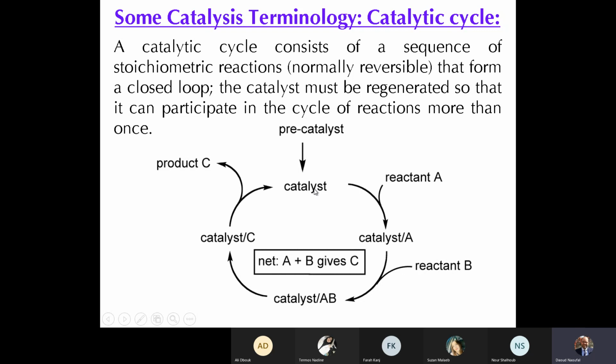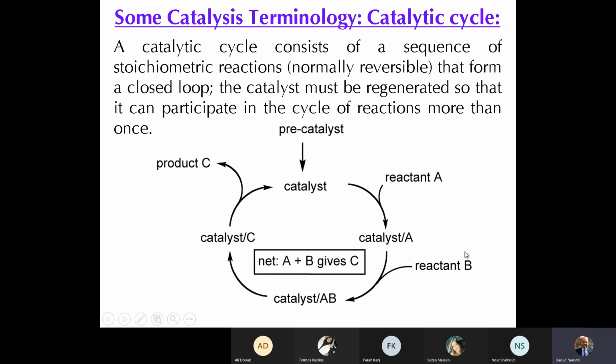You start by the catalyst. In steps, you should add the reactants A and B, and at the last step, you obtain the product C. In most cases, the product C is obtained by reductive elimination or by dissociation. So the reductive elimination is always at the end of the catalytic cycle.